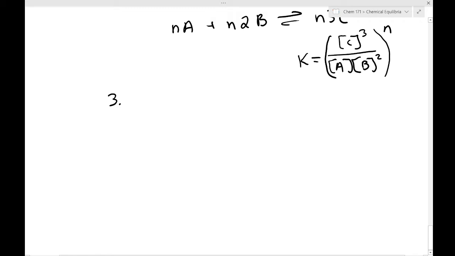Next, what happens if you add two or more chemical equations to obtain a new overall equation?